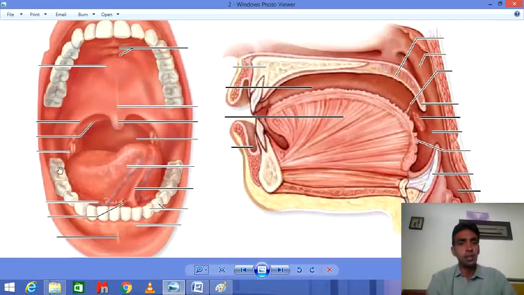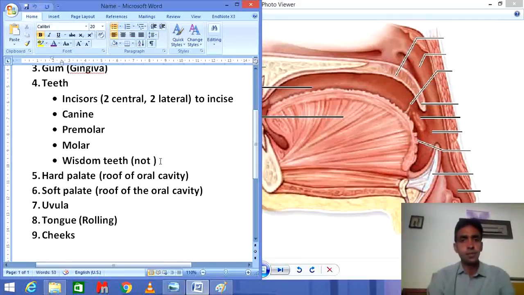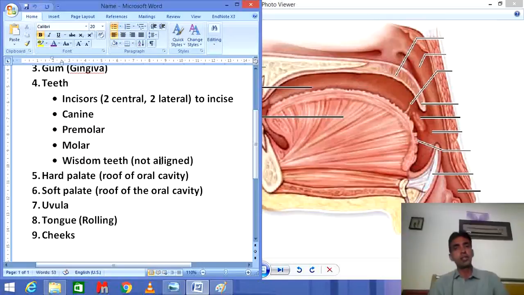You can see that all of these are aligned, but the wisdom tooth which generally occurs here is not generally aligned. If the wisdom teeth are aligned, you can use them for chewing, but generally they are not in aligned position.